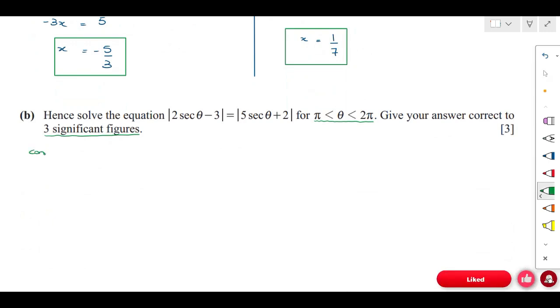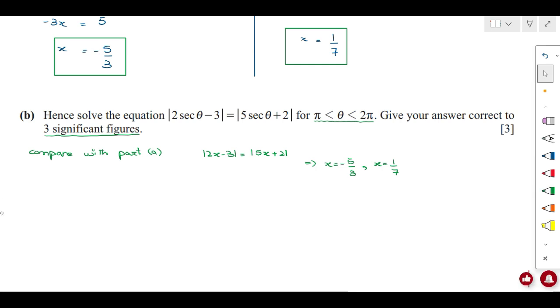Here we can compare with part A. Part A is absolute of 2x minus 3 equals absolute of 5x plus 2, and its solutions are x equals minus 5 by 3 and x equals 1 by 7.